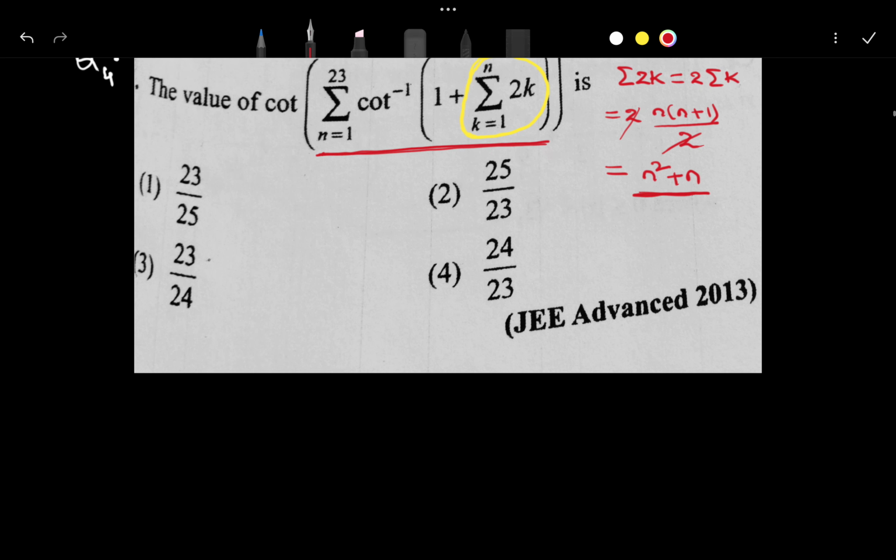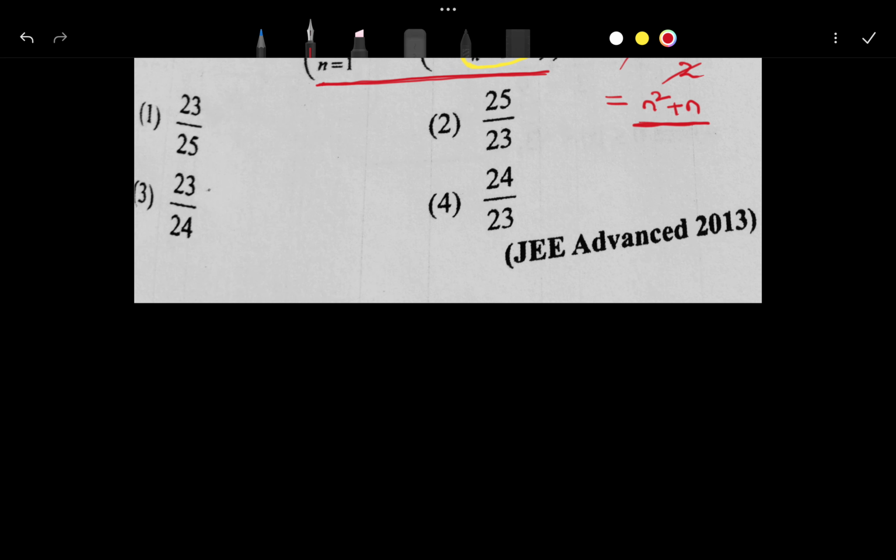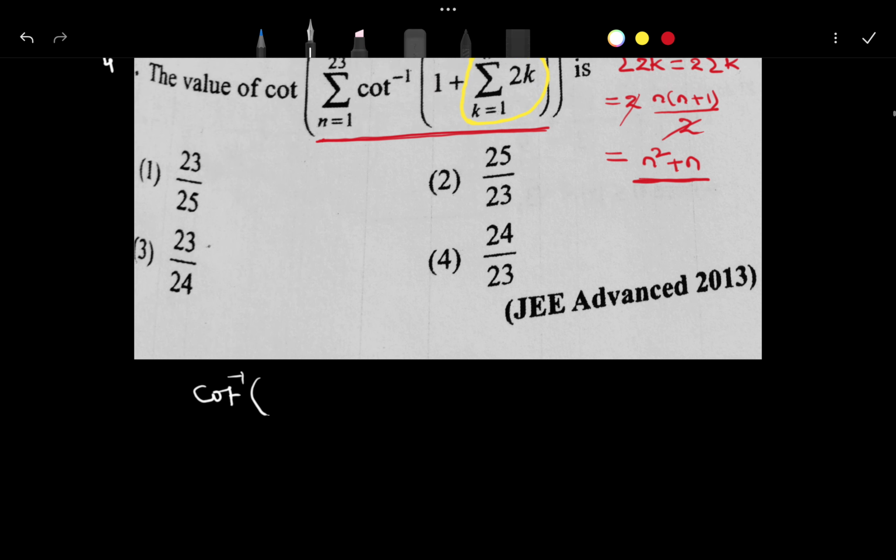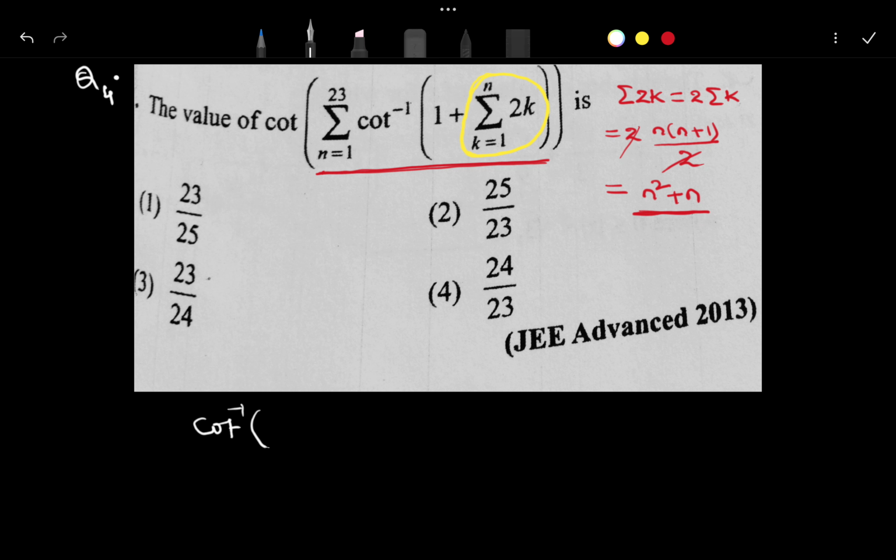So first of all you will find cot inverse of 1 plus sigma k equals 1 to n 2k. Sigma k equals 1 to n 2k value is n square plus n.